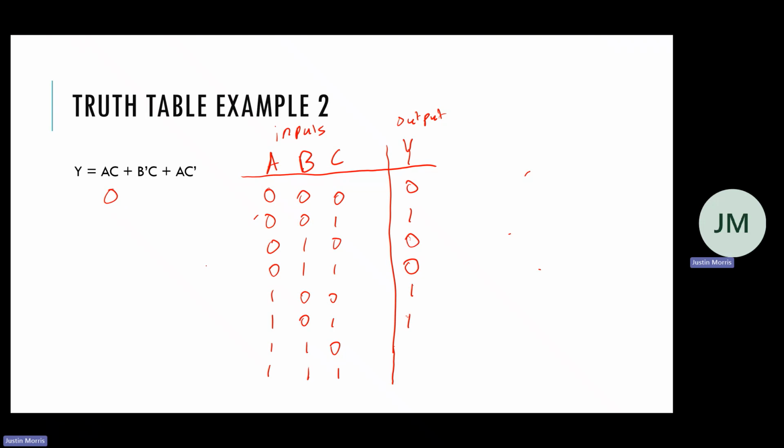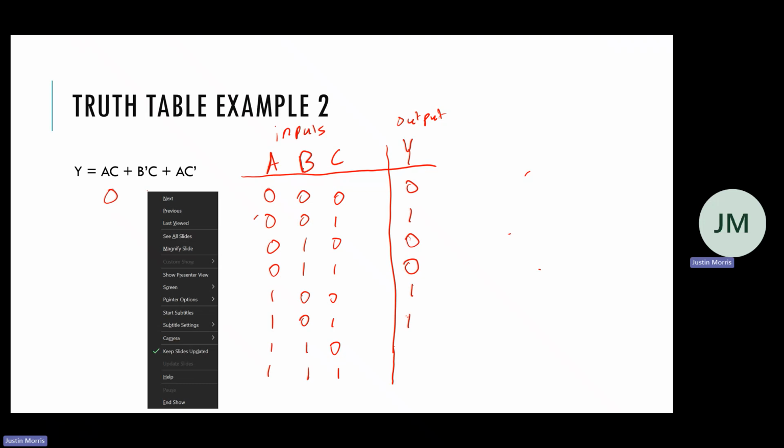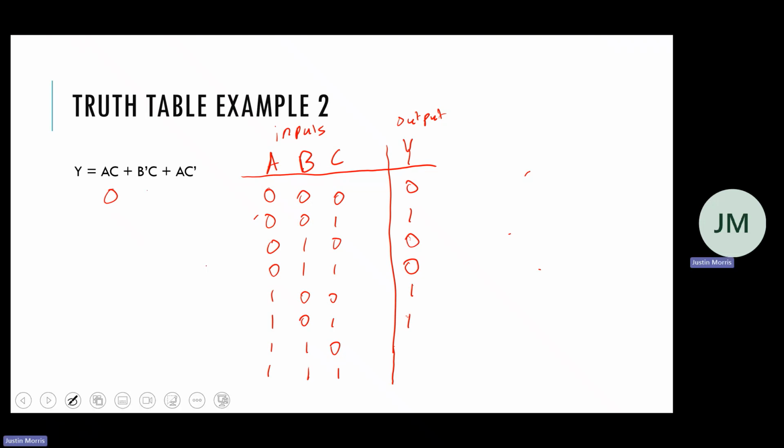Yep. B-not C. 0 or 1. I hear 1, any 0. Am I just hearing wrong? Zero. Yeah, it's 0. And then AC-not. Yes. And then again, 1, because 0 or 0 is 0, but 0 or 1 is 1.